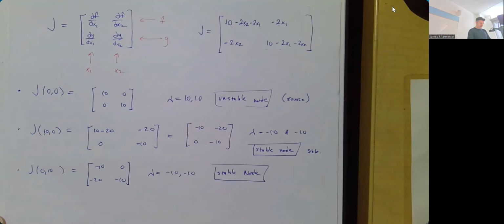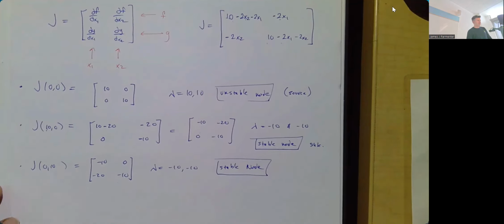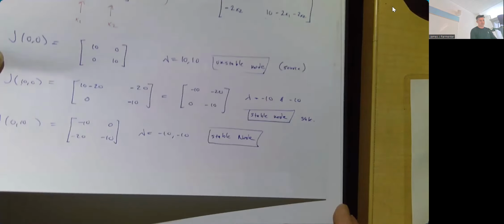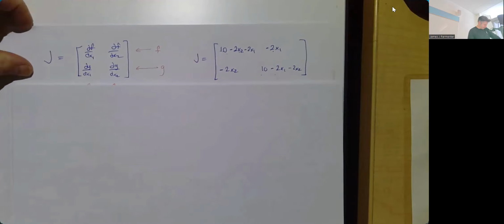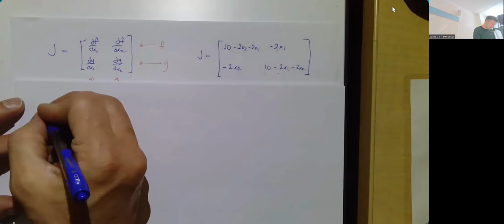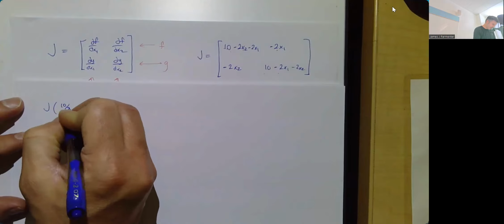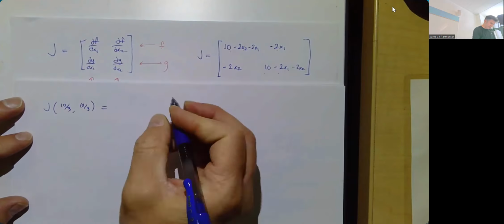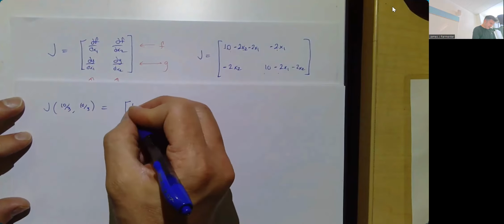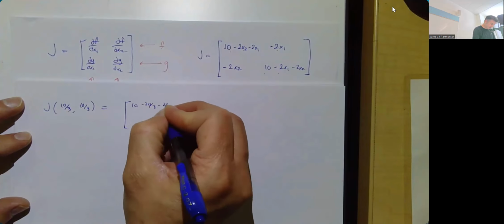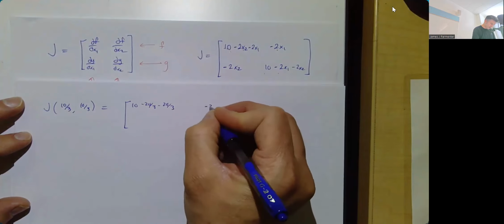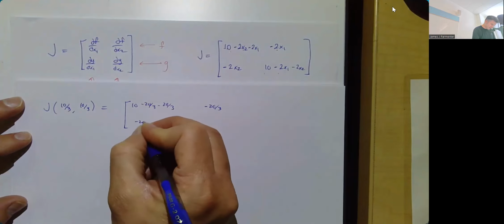And then for the last one, I bet we actually have to work for it, so let's give ourselves a new piece of paper. If I plug in 10 thirds, 10 thirds, J of 10 thirds, 10 thirds, I get 10 minus 20 thirds minus 20 thirds, minus 20 thirds, minus 20 thirds.